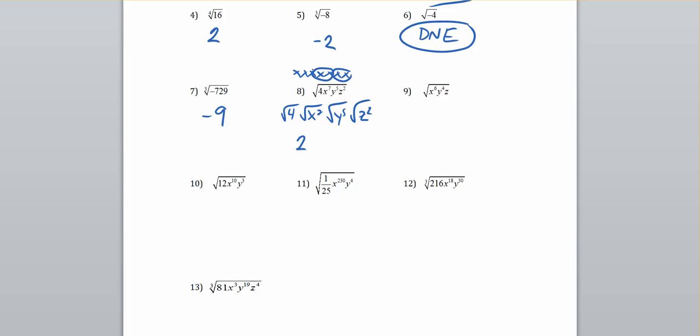I have 3 pairs that come out, so I can pull out an x cubed, but I'm still going to have an x left over in that radical. The shortcut is, if I have a square root, I want to divide this number by 2. Well, 7 is not divisible by 2. 6 is divisible by 2, so I could do 6 divided by 2 is 3, but then I'd still have 1 x left over. So let's do the same thing with y to the 5th.